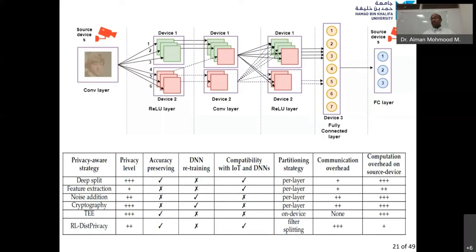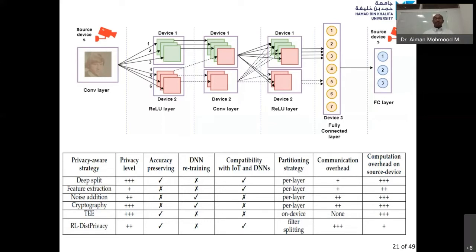So it will communicate less, but it will have a huge computational overhead. We can also extract the features of the data and send only the features, so that gives us some privacy, not very high privacy, because you can still deduce the data from the features, but it requires that you retrain, it requires that you do some processing at the end device, but it communicates less, and it has reasonable, medium, I would say, computational overhead.